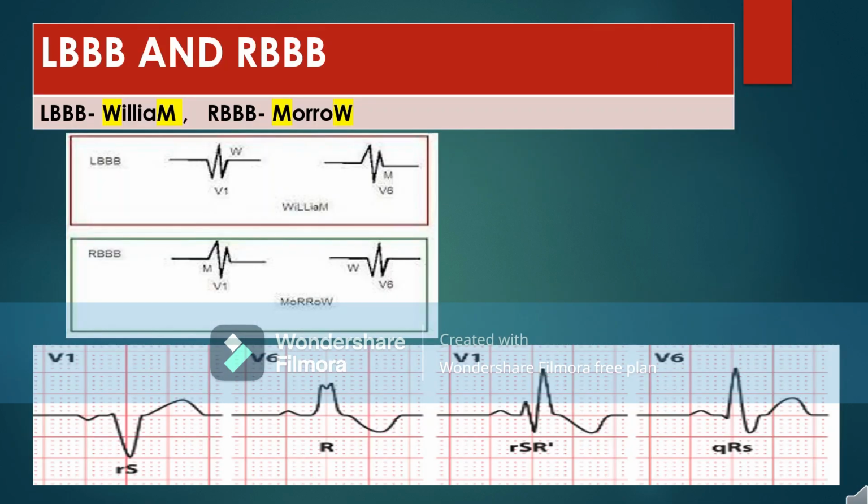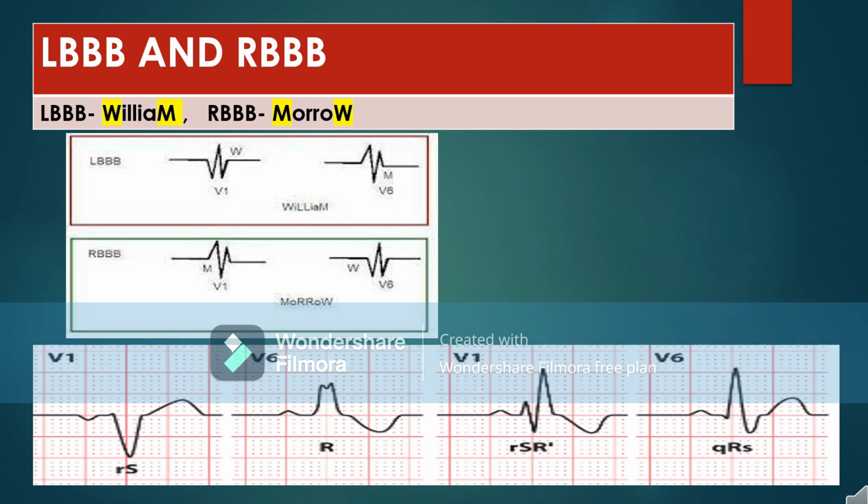Left bundle branch block and right bundle branch block. In left bundle branch block, you can see W pattern in V1 and M pattern in V6. In right bundle branch block, you can see M pattern in V1 and W pattern in V6.